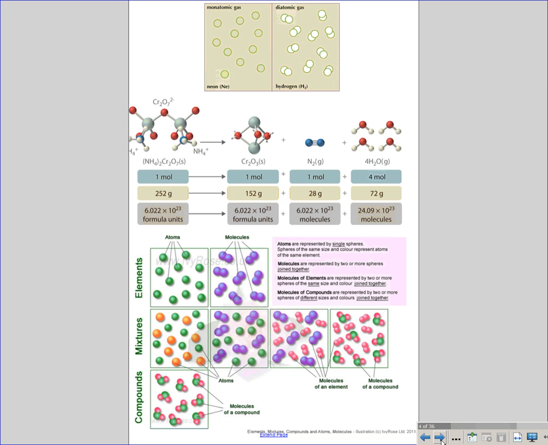Don't look at the formula, ammonium dichromate, right on your paper. Ammonium dichromate. What is it? Go for it, don't look up there. Ammonium dichromate. (NH4)2Cr2O7. What did I miss?